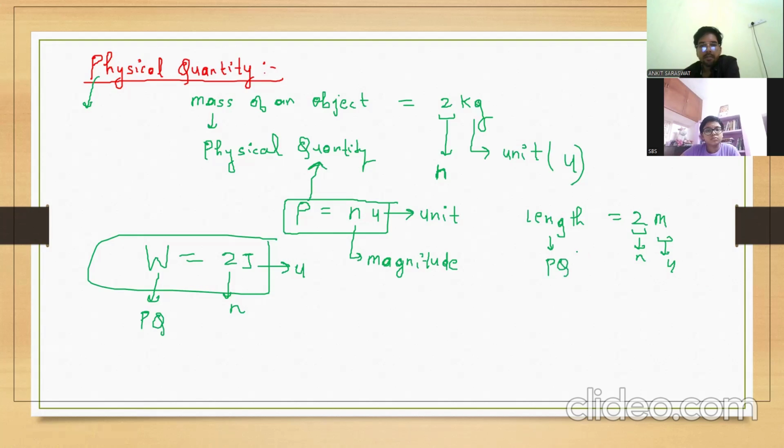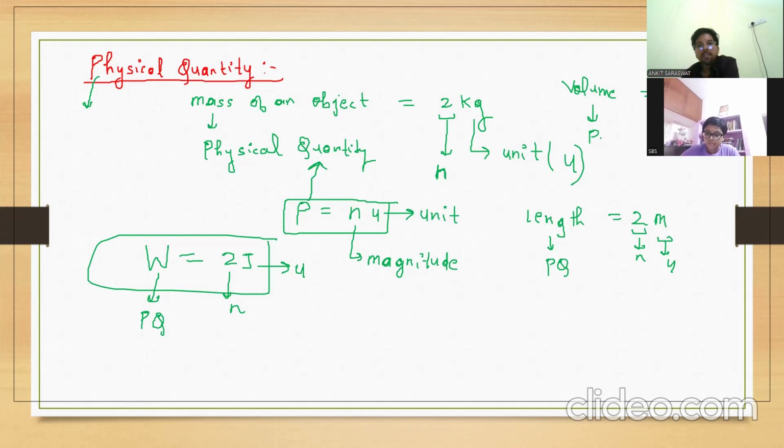If I say the volume of this room is 10 meter cube, then 10 is the numerical value, meaning magnitude, meter cube is the unit, and volume is a physical quantity. So any physical quantity we can express in terms of its magnitude and its unit.